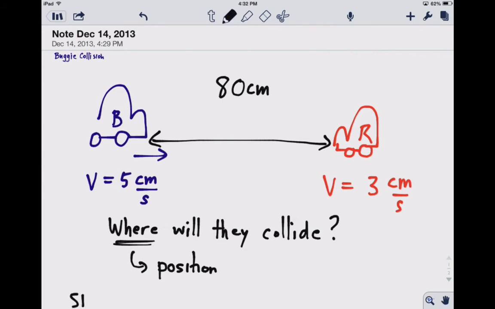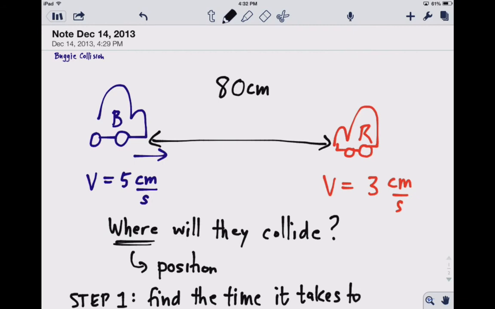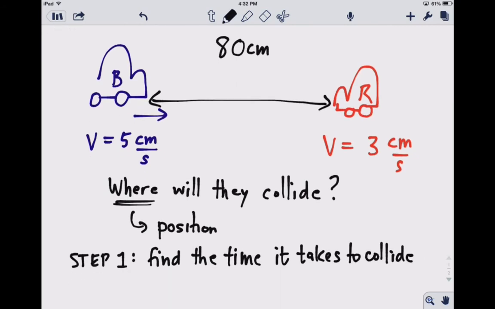So step one, I'm going to find the time it takes to collide, and then in step two, I will determine the position of that collision.